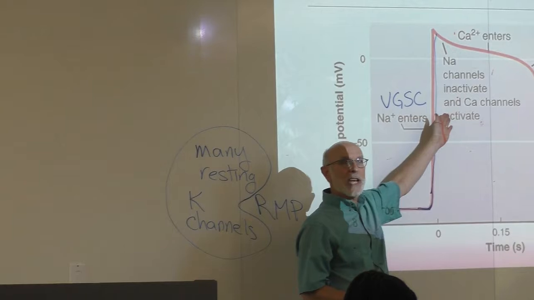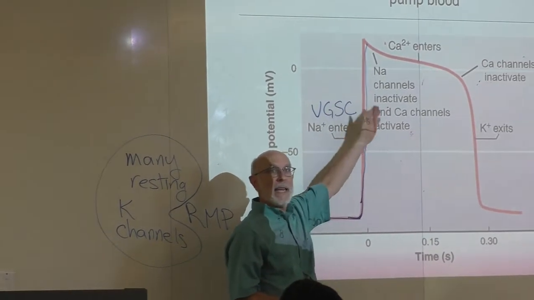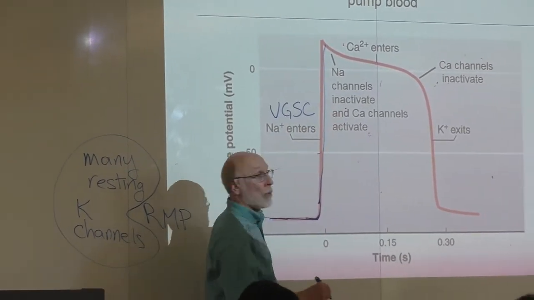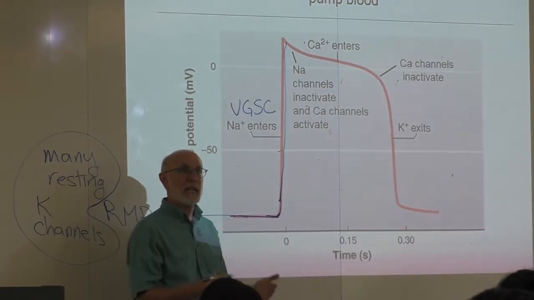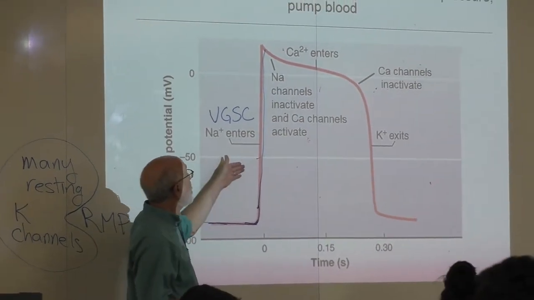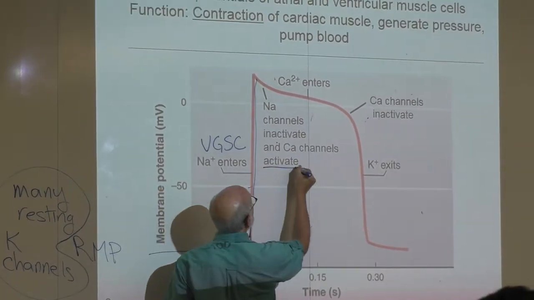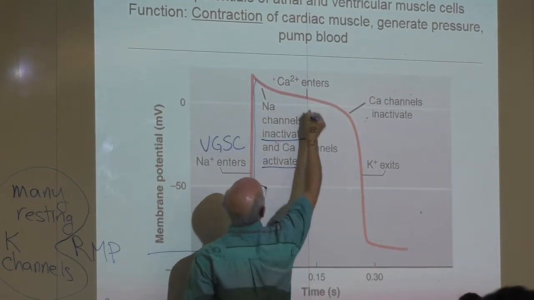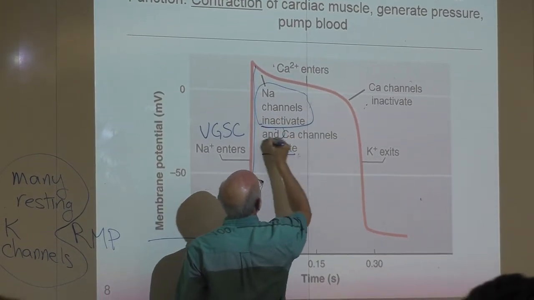What happens to sodium channels after they activate? They inactivate. So the sodium channels go into the inactivated state, and this large depolarization opens calcium channels. So sodium channels inactivate, and calcium channels activate.